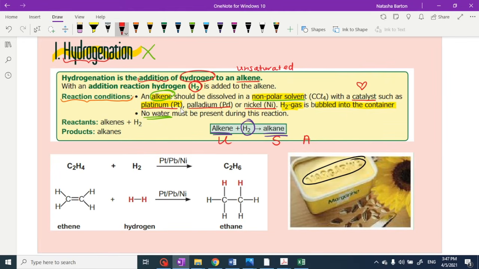So here's an example that has been taken from your textbook. We have ethene reacts with hydrogen to form ethane. And notice we write our important reaction conditions above the arrow.